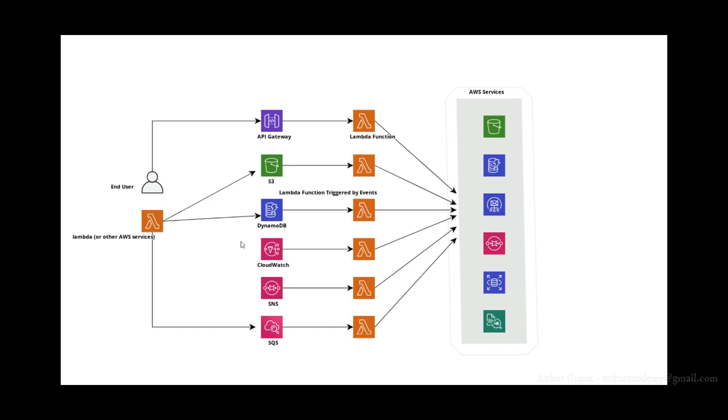So this diagram just shows how you can have different events triggered by end users, or you can also have events triggered by DynamoDB based on some update being done to one of the items in DynamoDB, for example, using another Lambda function.